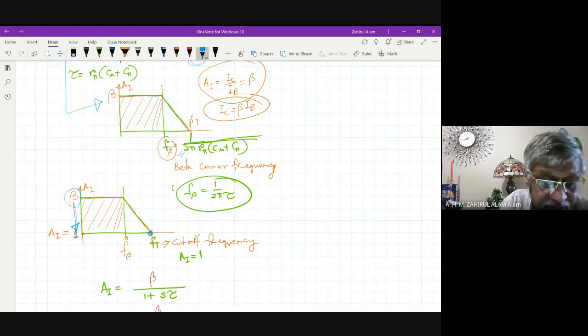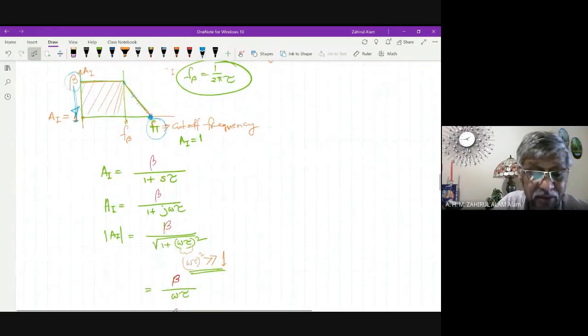After the beta corner frequency, if we increase the frequency, the current gain is reduced and becomes 1. That frequency is known as the cutoff frequency.